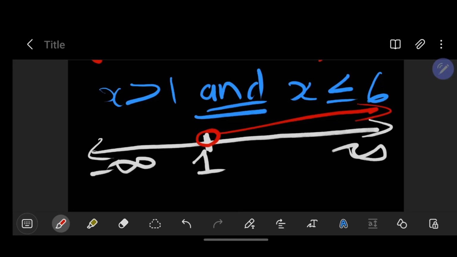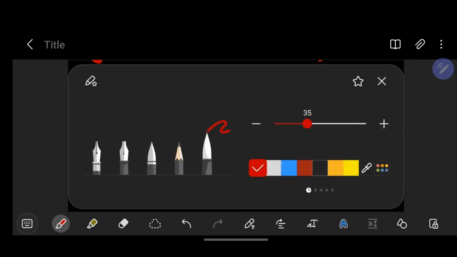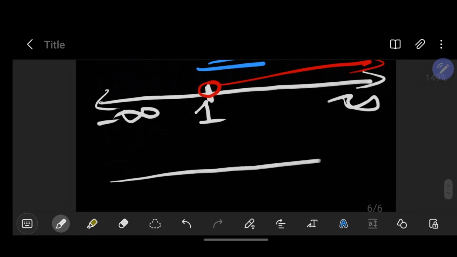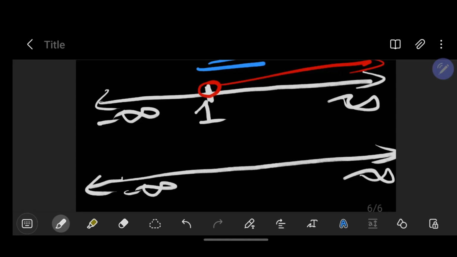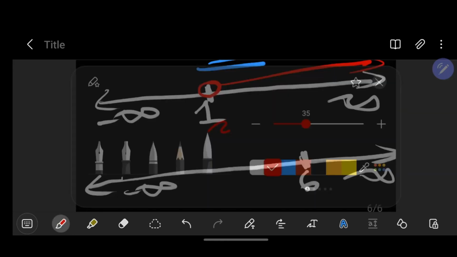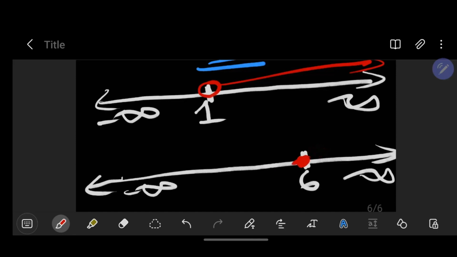Then we have x that is less than or equal to 6. Let's draw another number line, negative infinity to infinity, and draw 6. We know that 6 is included, so we have a solid circle moving to negative infinity.